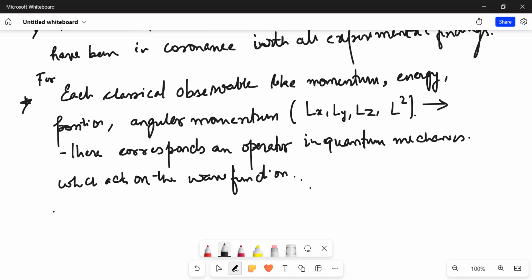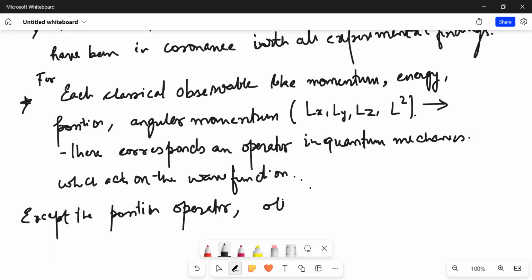So let's say we want to accept the position operator. Other operators are derivatives, or you can say differential operators.